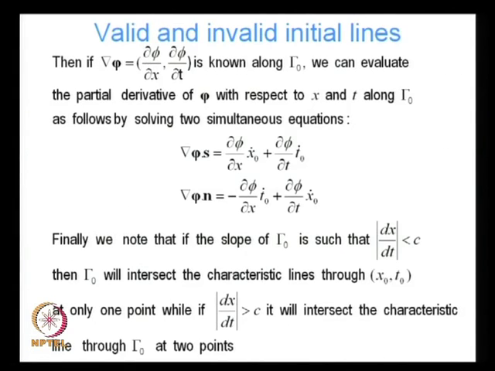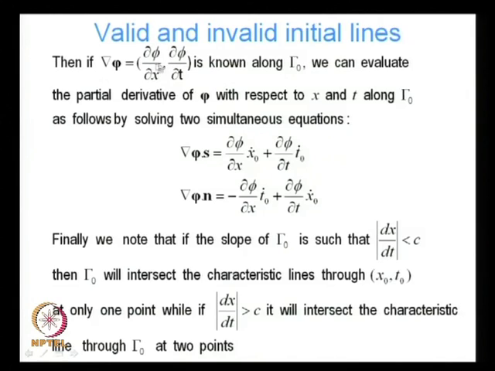Then if I know grad phi, which is del phi del x, del phi del t along gamma 0, we can evaluate the partial derivatives of phi with respect to x and t along gamma 0 by solving two simultaneous equations. If I take the projection of the gradient along the unit tangent vector, that gives me del phi del s equals del phi del x x dot 0 plus del phi del t t dot 0.